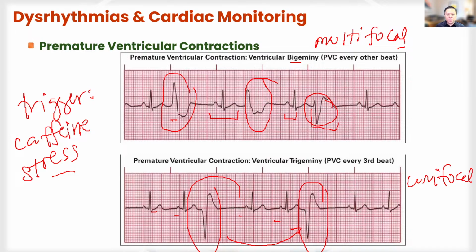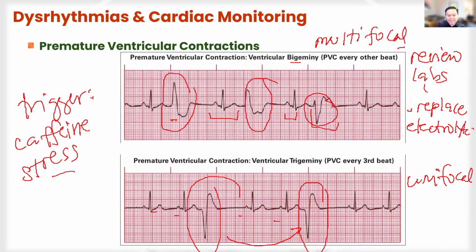If they need to be replaced, then we're going to have to do that as well. Okay, so treat the cause, or review first, review labs. And if there are any imbalances, then we're going to have to replace electrolytes. Replace electrolyte imbalances.